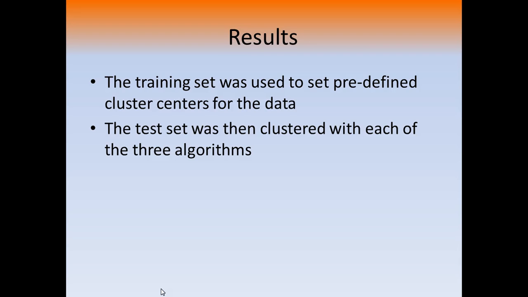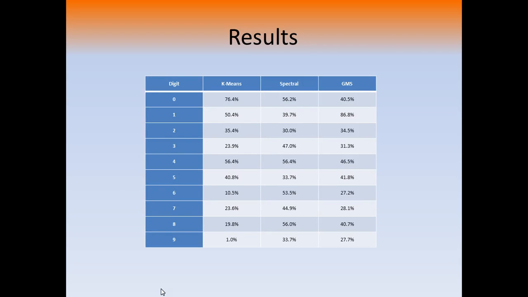And then we went through the test sets and clustered them with each of the three, and you can see the results here. Now, compared to the results I was telling you before with the neural networks getting less than 1% error, these results don't look that good. However, they do pick out certain digits with regularity. I mean, depends on which one.